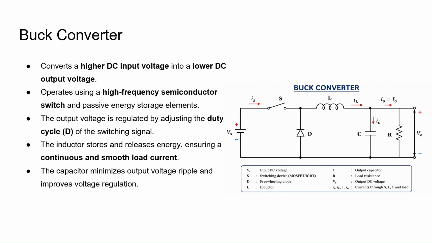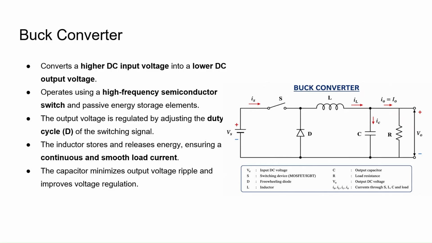In simple words, the switch controls the energy transfer, the inductor smoothens the current, the capacitor smoothens the voltage, and the load will receive a regulated DC power. So we are giving a constant DC power, and the load will receive a regulated DC power.